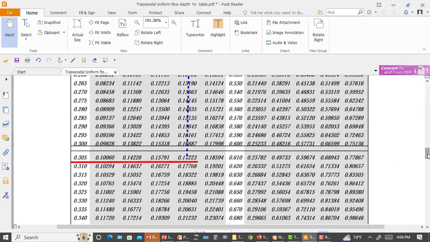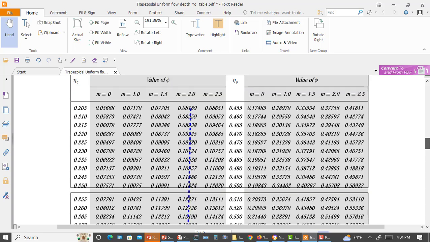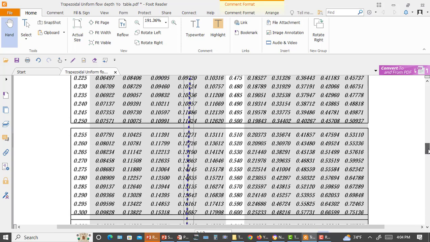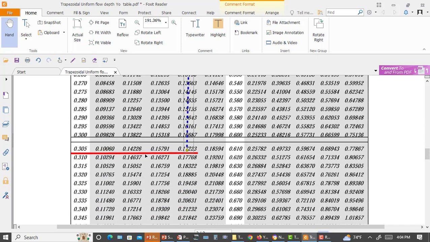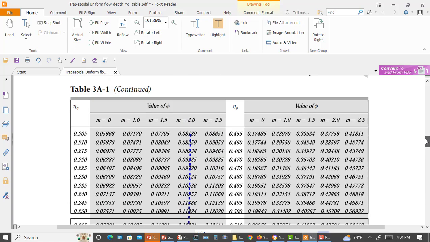This is for M2. You can go down M2, then go across to this one. So 0.173 is between this point, which is this one, so you can just interpolate. Then finally, you can find N naught.